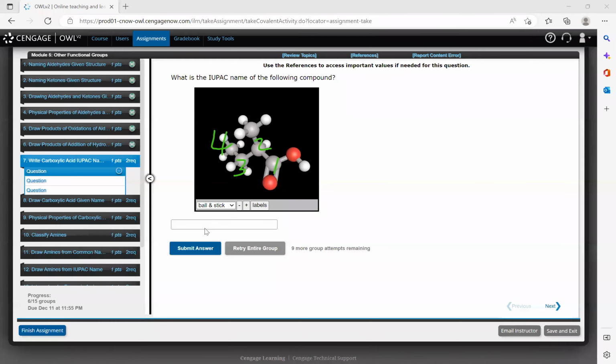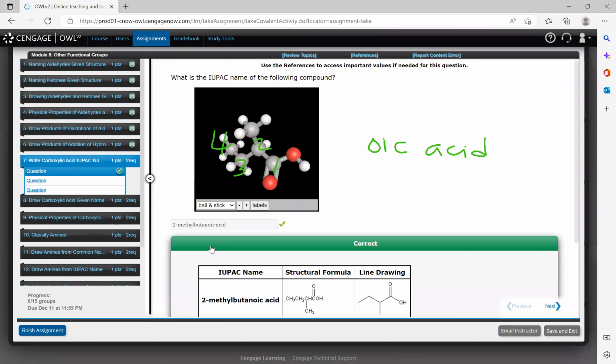Just like we would before, 4 is going to be but-. And what's going to happen here with carboxylic acid is we're going to end with oic acid. And then we just state that on that second carbon, we have a methyl, so 2-methyl-butanoic acid.